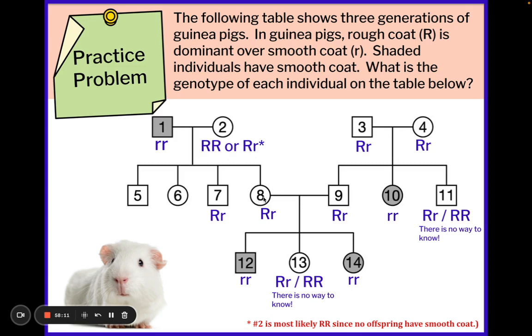Now, number 8 individual married number 9. They are both heterozygous, and they have 2 children that have smooth coats. Now look at number 3. Do we know? We don't know, okay? Probability would say that probably would be heterozygous, but you really cannot be for sure. Number 11 is the same way.